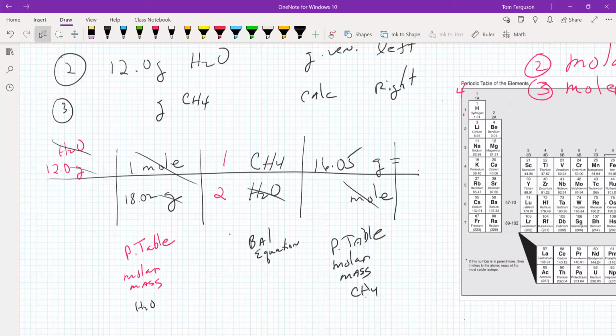Okay, so we have 3 sig figs, 4 sig figs, 4 sig figs.